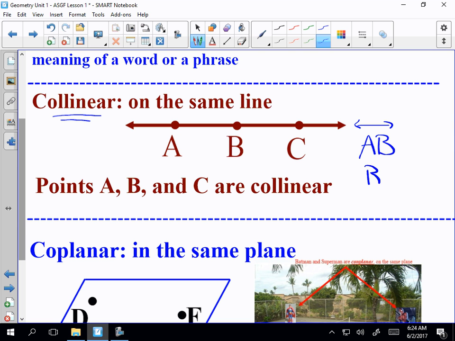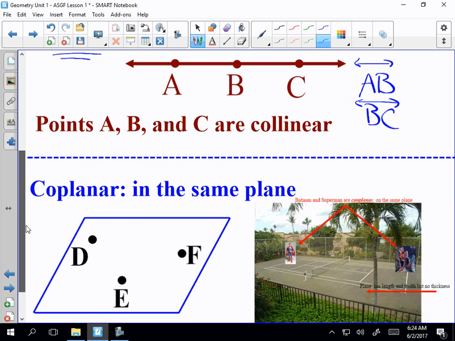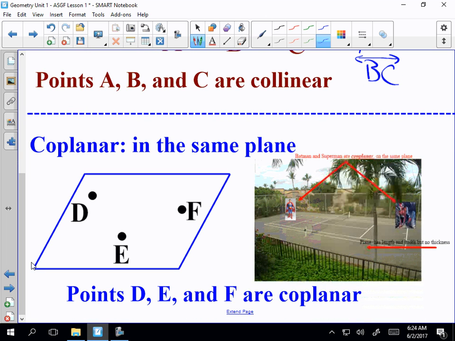It could be line BC. Direction doesn't matter. We could name it CA. So we can name this line in any of about 6 different ways. We've got 3 options there. We could come up with 3 more options: CB, we could go AC. We could work our way through and find all of those different pieces.